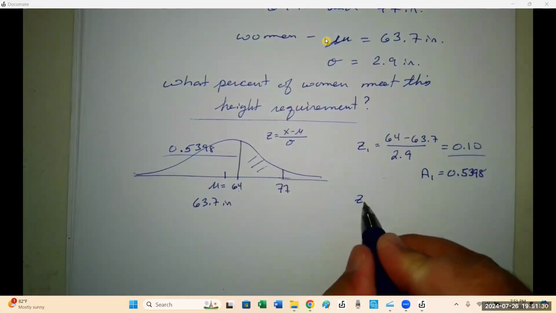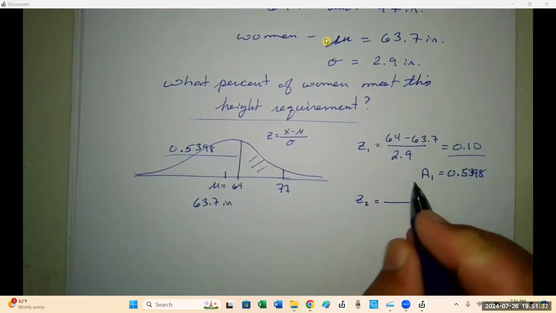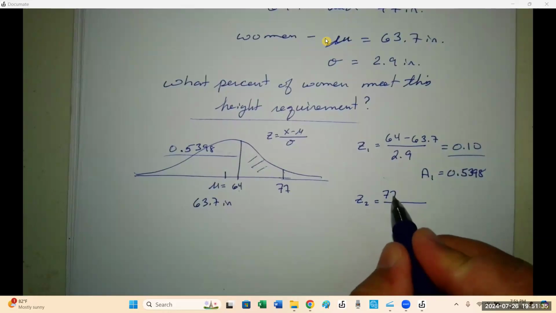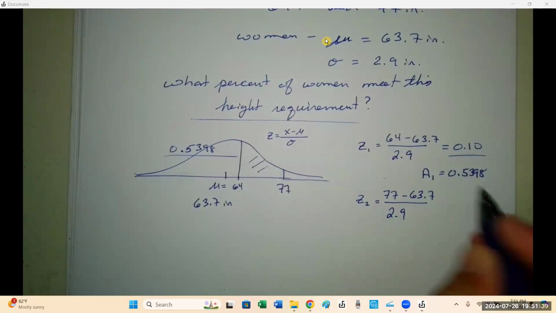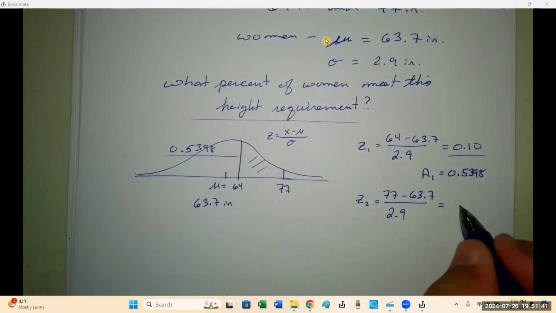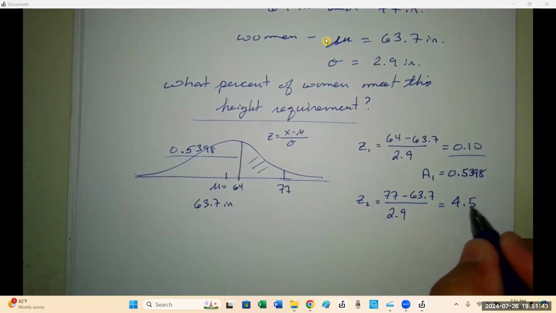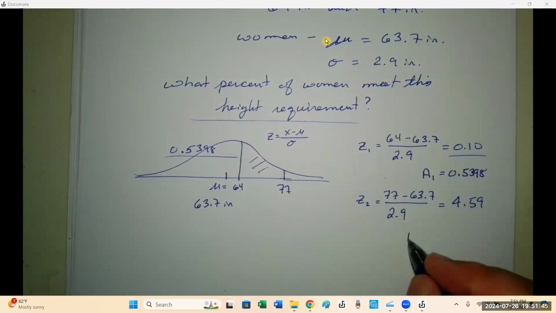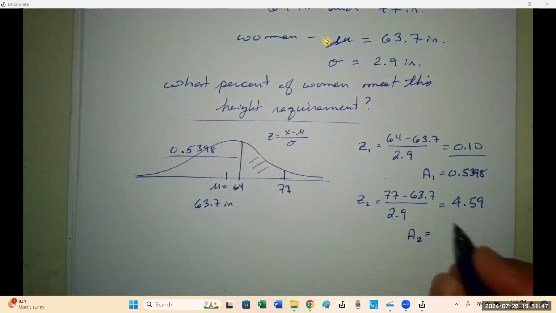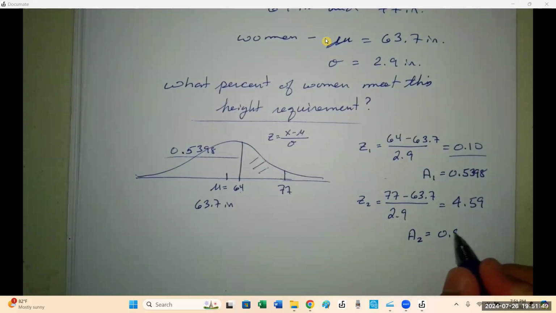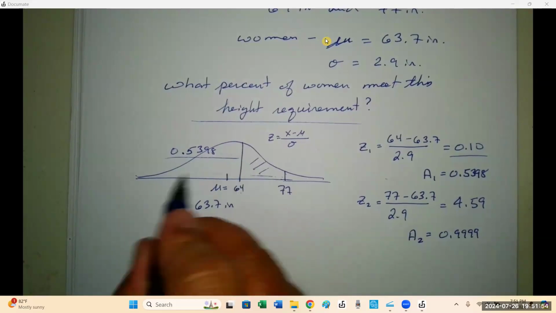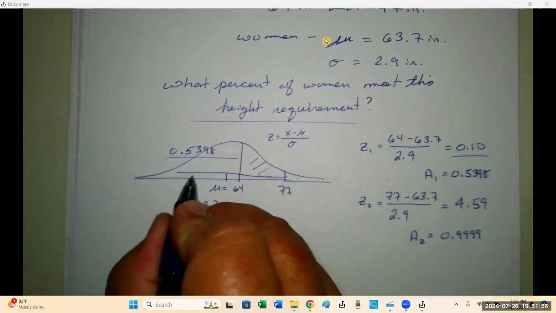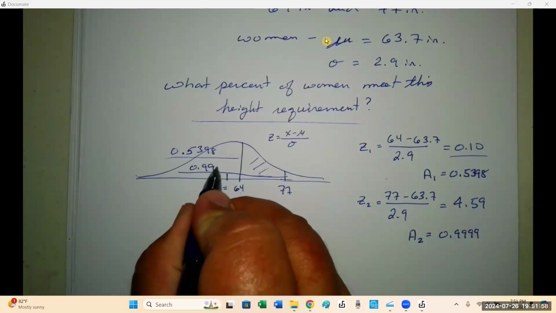Then we are looking for the second z value, which is 77 minus the 63.7 over 2.9, which is 4.59. And the area for that one is 0.9999. So that area is 0.9999.